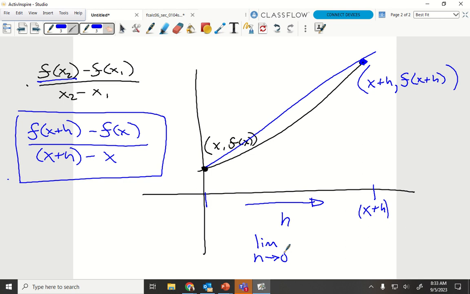So I'm finding the limit as that gets closer and closer to my x. Because if I have a secant line, I have 2 points, but I want the distance between my 2 points to be so close it's going to be 0. So I'm taking the limit as the separation goes to 0, to the point where I could just say it is one point.